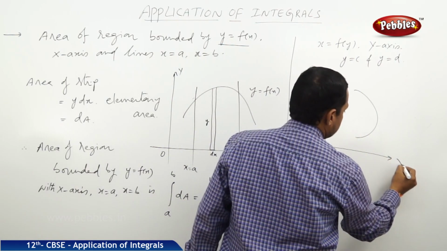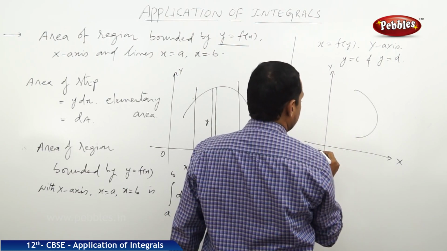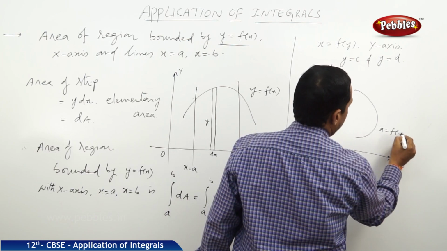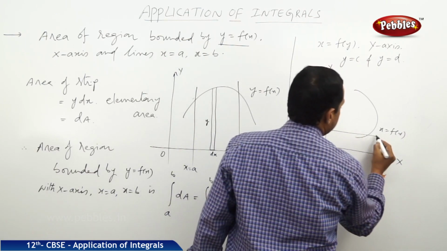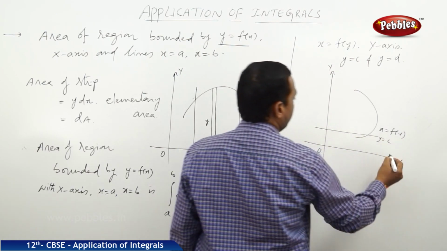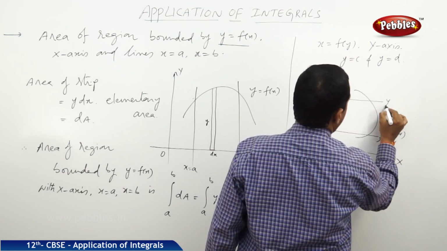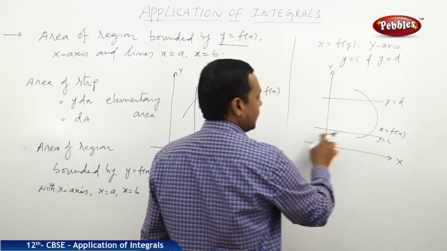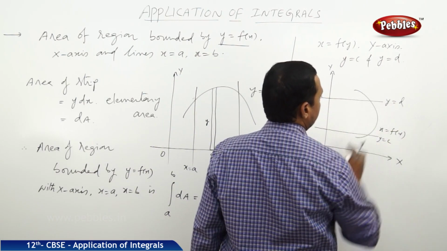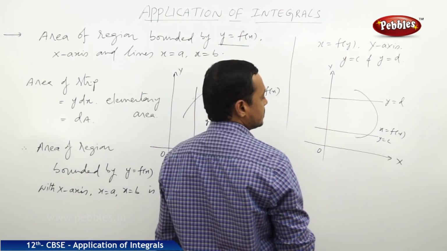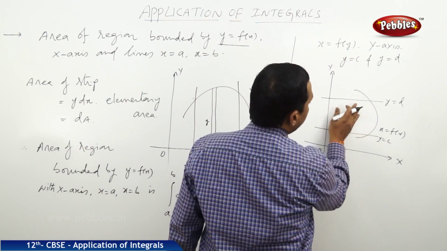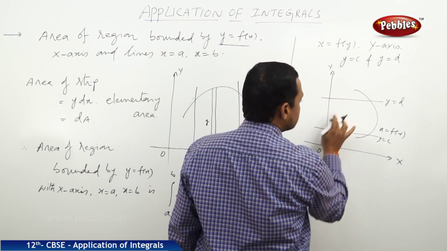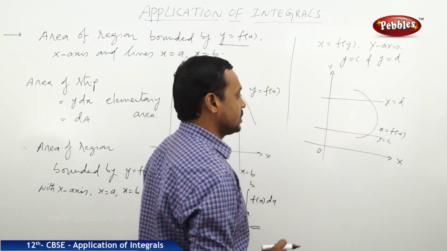This is the x-axis, this is the y-axis and origin, and this is the curve x is equal to f of y. Now this is the line y is equal to c, which is parallel to the x-axis, and this is the line y is equal to d, which is also parallel to the x-axis. Now let us find the area of this curve with the y-axis between the lines y is equal to c and y is equal to d.